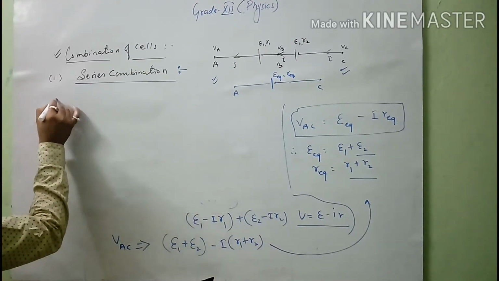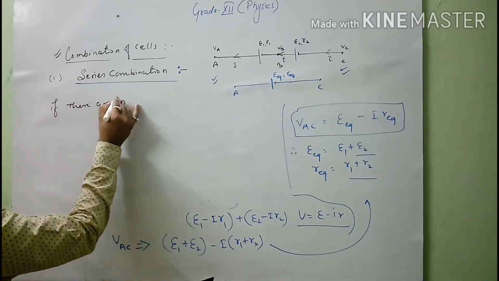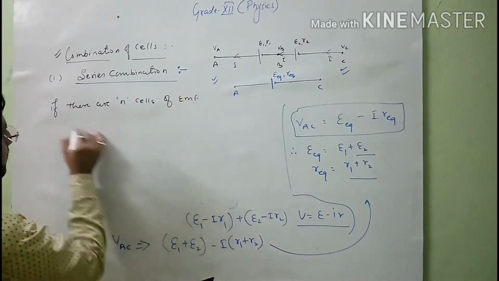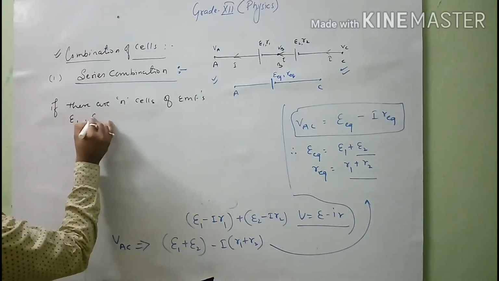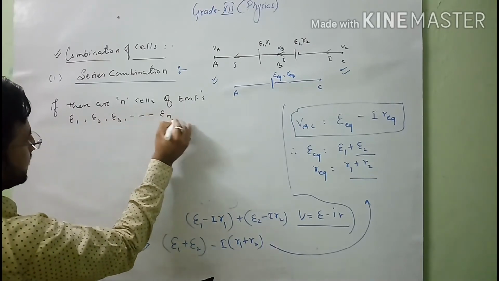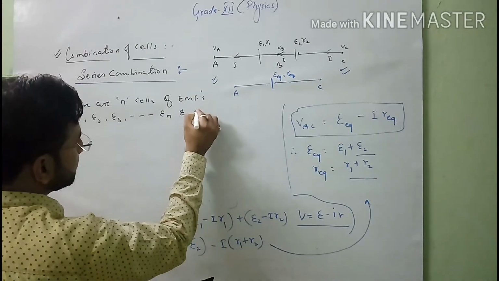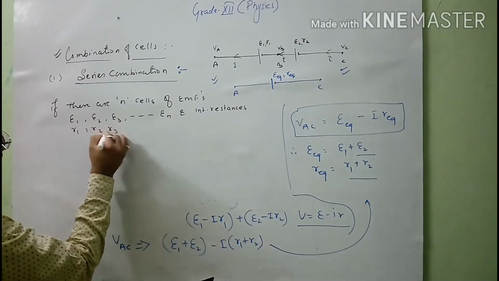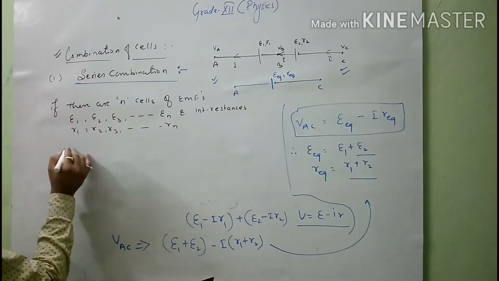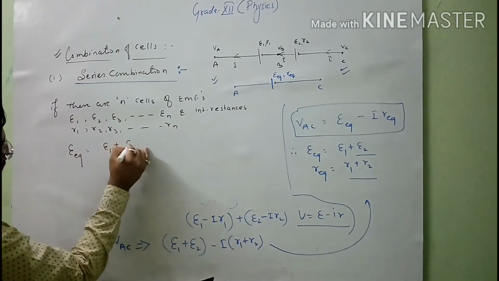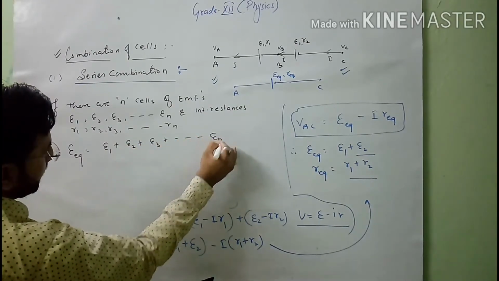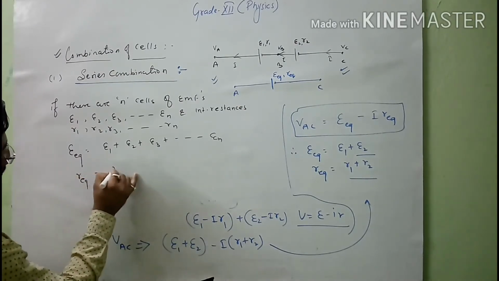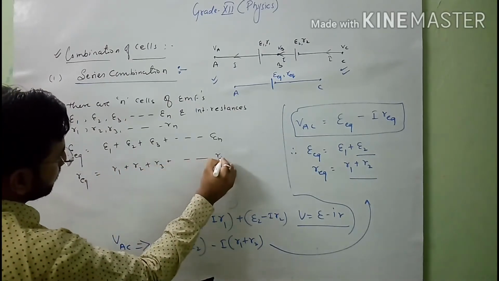If there are n cells of EMFs epsilon 1, epsilon 2, epsilon 3 up to epsilon n, and internal resistances R1, R2, R3 up to Rn, then in series combination I will write E equivalent equals epsilon 1 plus epsilon 2 plus epsilon 3 up to epsilon n, and equivalent internal resistance equals R1 plus R2 plus R3 up to Rn. Is the point clear, student?